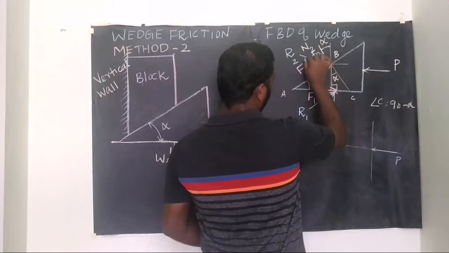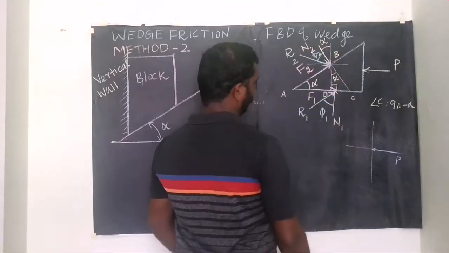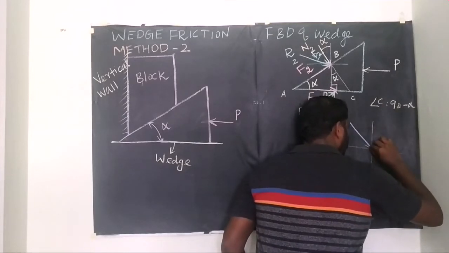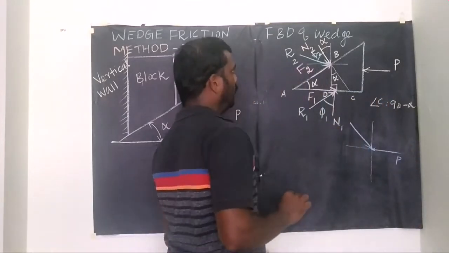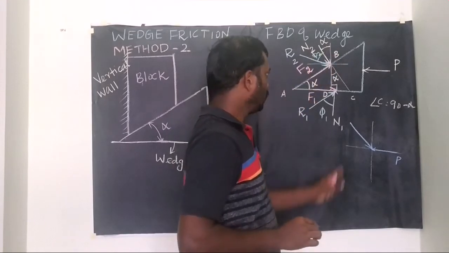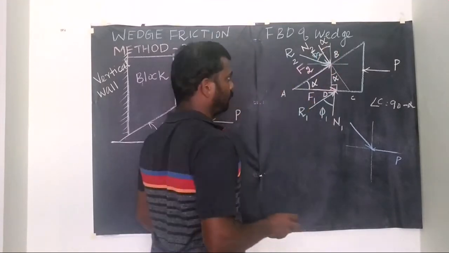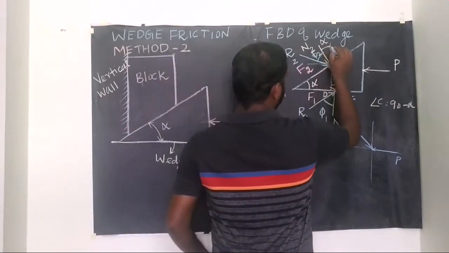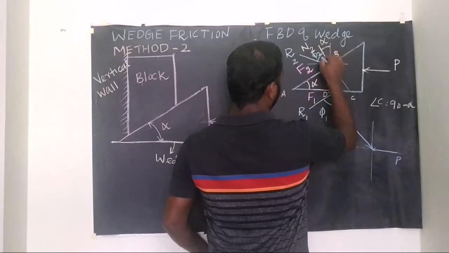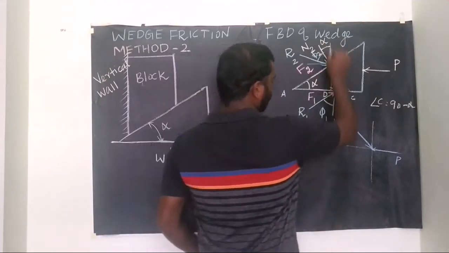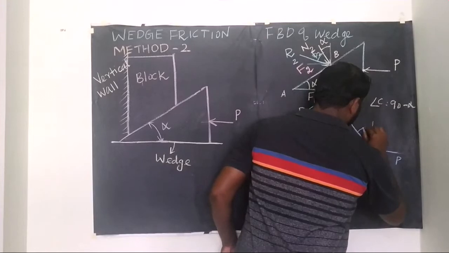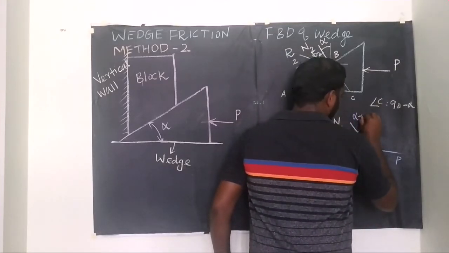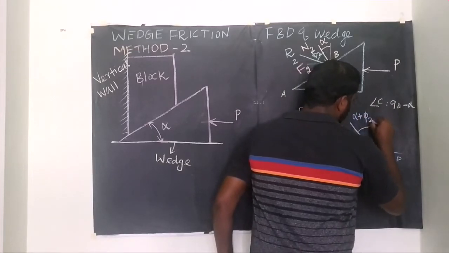Then I am going to take only this resultant force R2 here. It makes angle alpha plus phi 2 with the vertical line. Listen carefully. This angle is nothing but the sum of alpha plus phi 2.